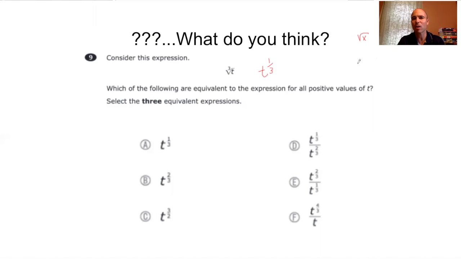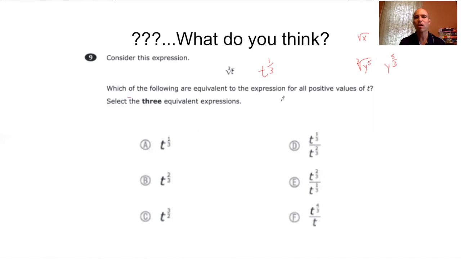And if you really want to get wild, if we said y to the 5th power, the third root of that you could write as y to the 5/3 power. Anyway, maybe you learned that in math class. Maybe you didn't.